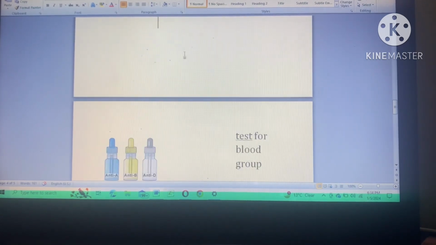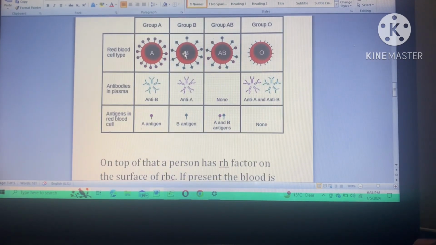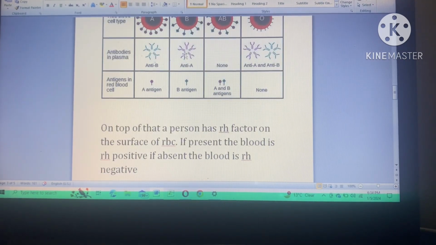Before the test, let's look at this. On top of that, a person has Rh factor on the surface of RBC. So if the Rh factor is available, the blood group gets a specific name, in terms of positive or negative. If you have blood group A, but on top of that A there's an Rh factor, it means that it is blood group A positive.